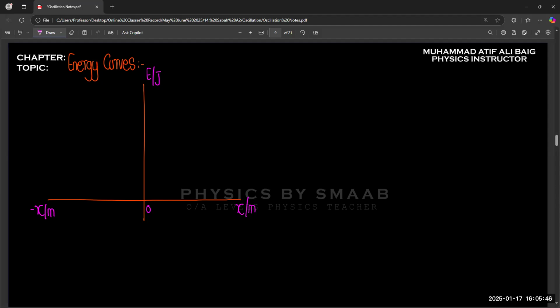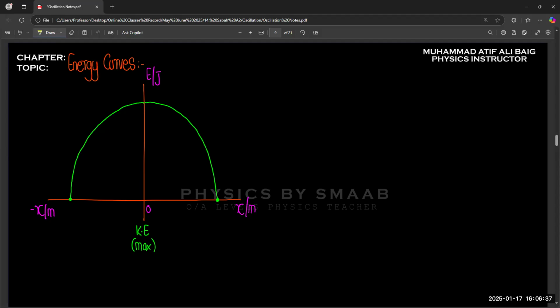So for example, first if we talk about kinetic energy, right? Kinetic energy will be maximum at mean position. But potential energy will be maximum at extreme positions. So if we select any point like this, so this is the graphical representation for potential energy, right?